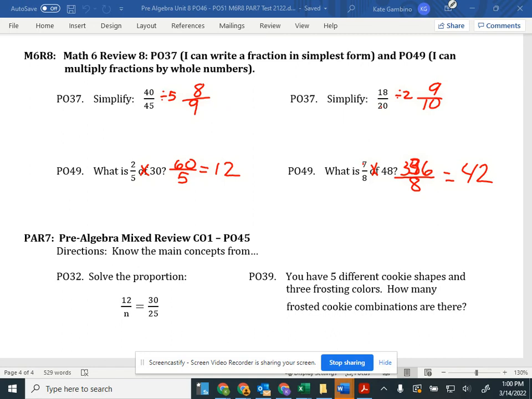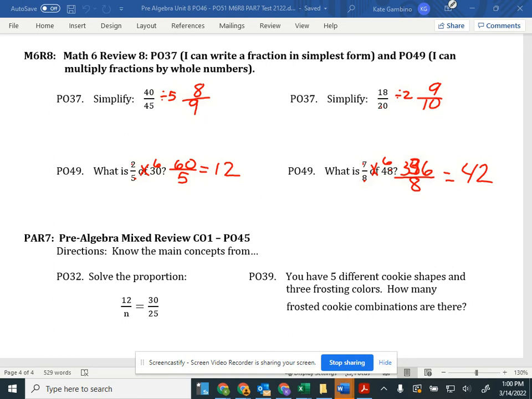Make sense? And actually, now I'm remembering how I did it when I made the answer key. I simplified first. I did 48 divided by 8 was 6. 7 times 6 is 42. Here I did 30 divided by 5 was 6. 2 times 6 is 12.